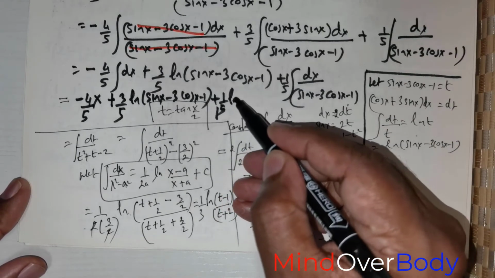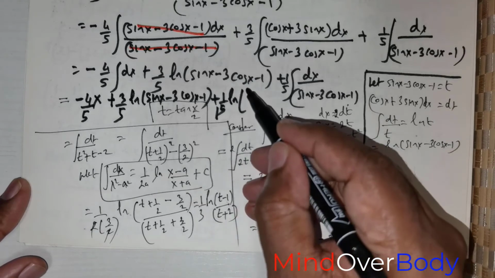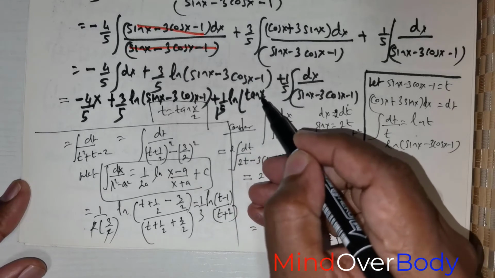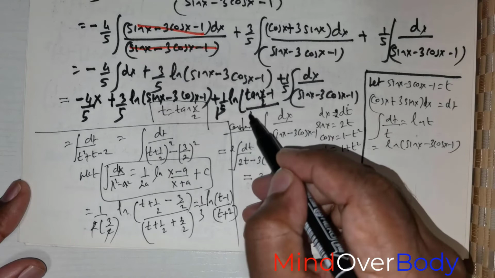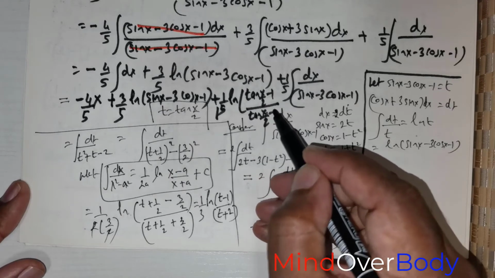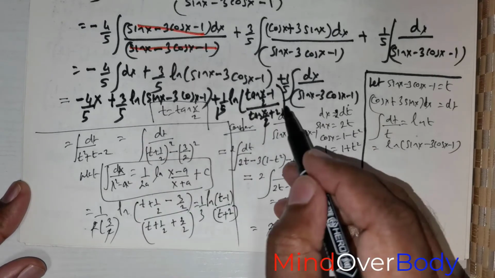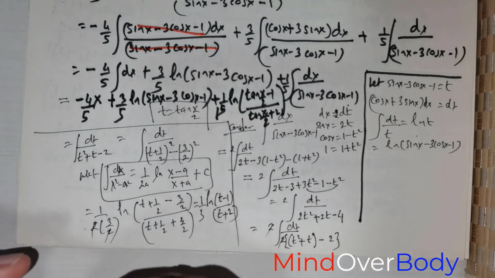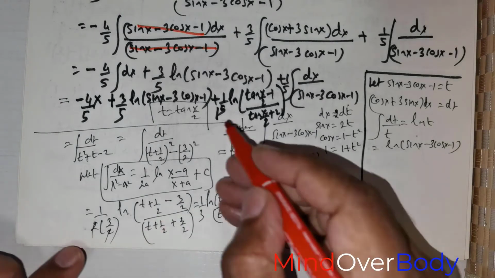So it's going to be ln of, in place of t, substitute tan x over 2 minus 1 followed by tan x over 2 plus 2. So this is the solution with the arbitrary constant c.